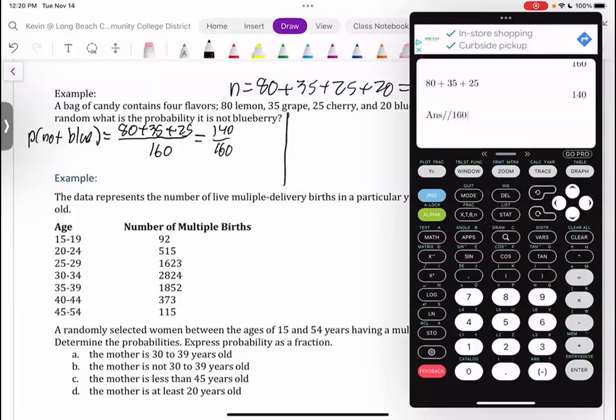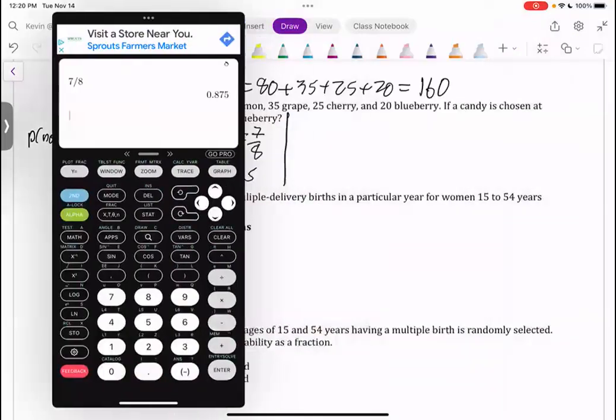And that's going to reduce. So 140 divided by 160 is going to give us 7 over 8, or 0.875. And those are our answers.